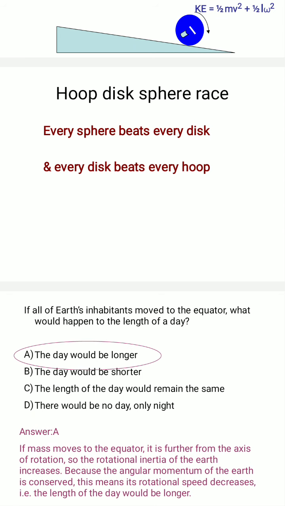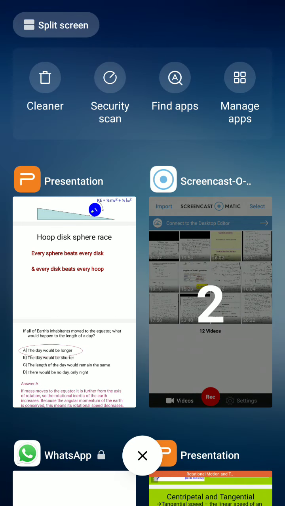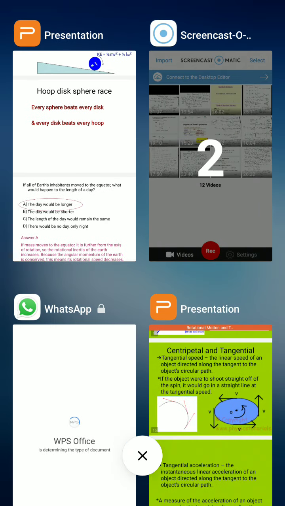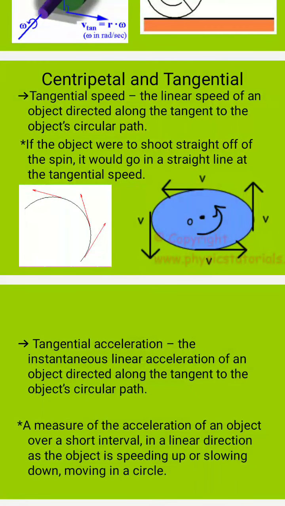So that is all for the connection between angular movement and linear movement. Now let us see one more topic, which is centripetal and centrifugal acceleration. What are centripetal and centrifugal acceleration?